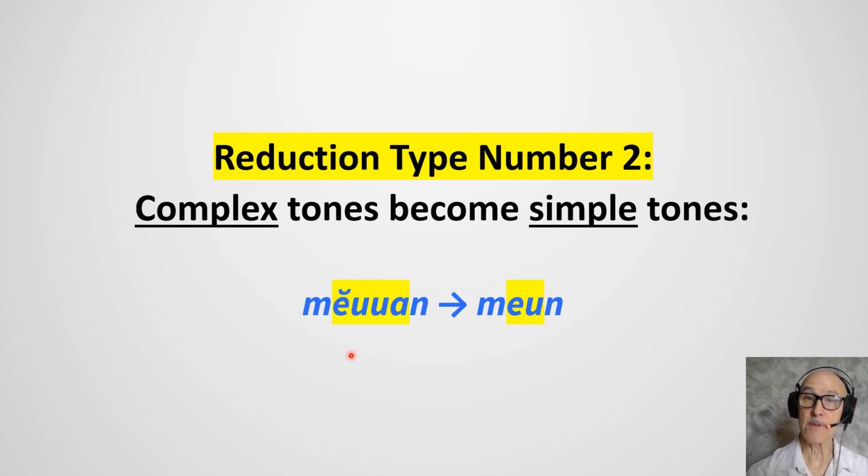What happens really commonly with this word in particular in everyday conversational Thai is that the complex tone becomes a simple tone. Much faster, much easier, okay? So instead of the original pronunciation, it's going to be the reduced one. I think it's pretty easy to hear how that second pronunciation is much easier and much faster.